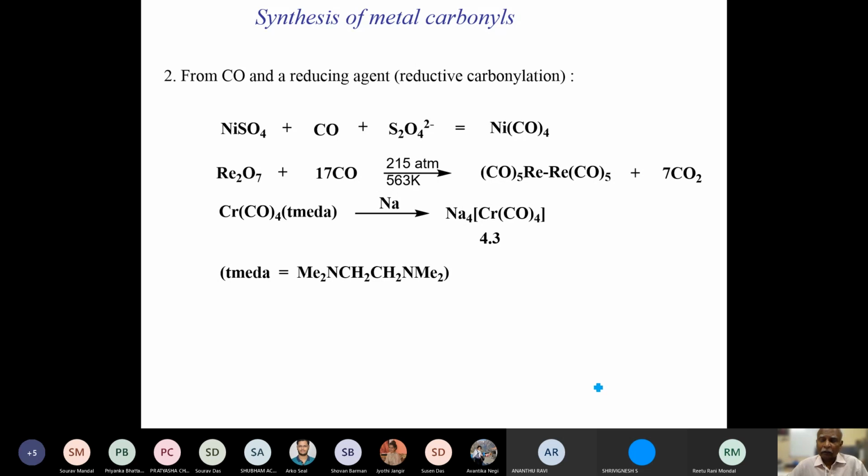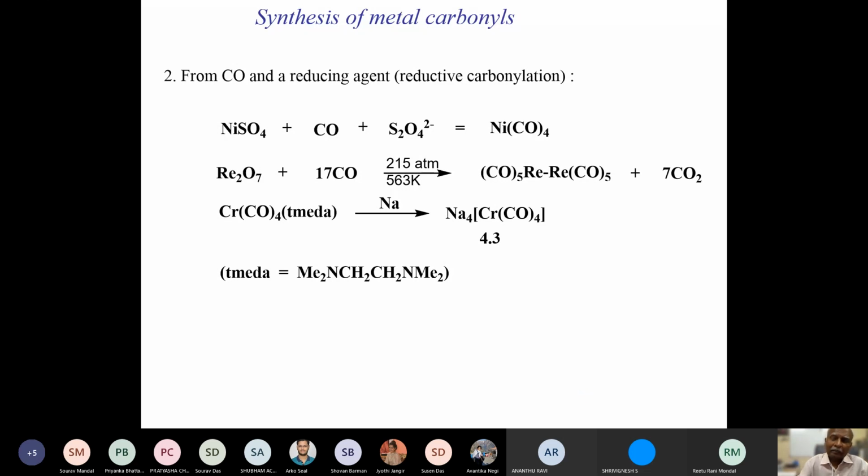Now, the principle that we use for making metal organometallic compounds in alkyl chemistry is similar to the principle that we are using here.